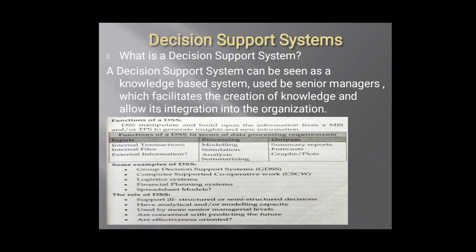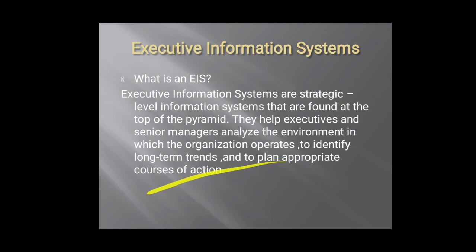Now they are not middle or low level managers, they are senior level managers, concerned with predicting the future. Now unlike management information system, they are not dependent on past and present, they are dependent on future trends. Then are effectiveness oriented, yes, as they are analytical and modeling as well as flexible in capacity handling, they are effectiveness oriented.